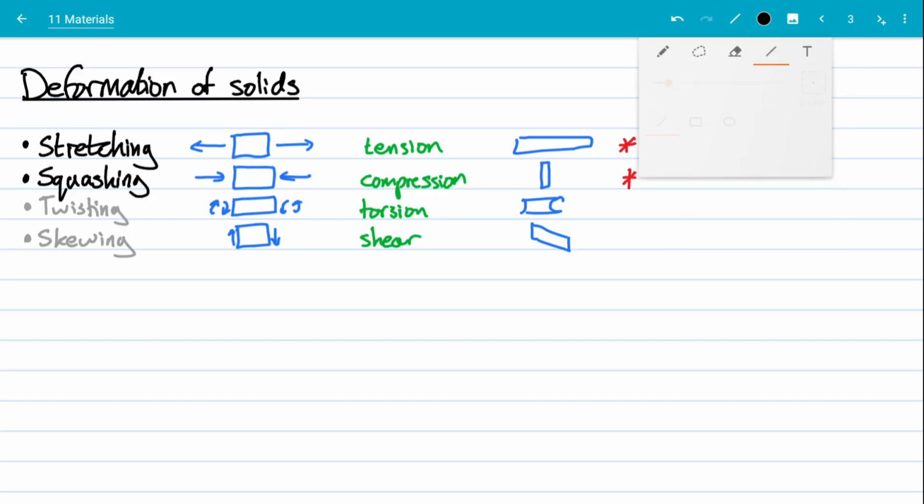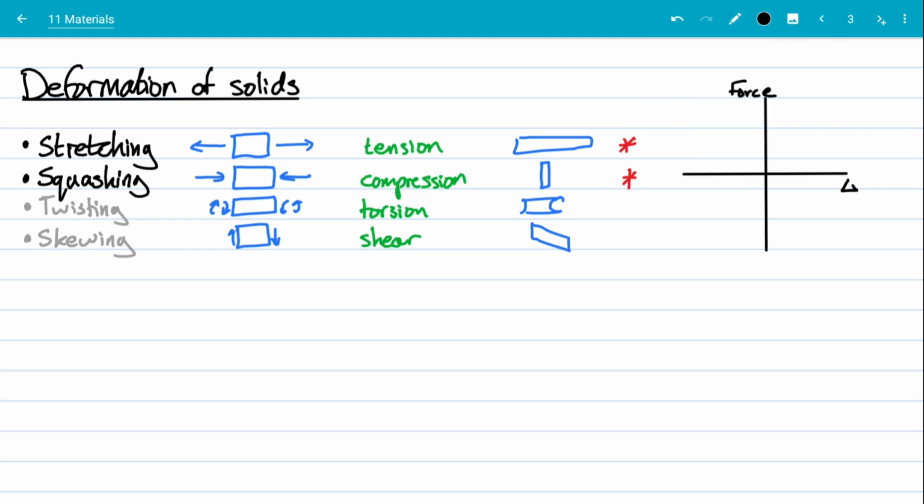The graph that we had for Hooke's law looked a bit like this, but we only showed the first quadrant. We had force and we had extension, but I'm just going to call it delta L, a change in length rather than extension, because our graph went to there.